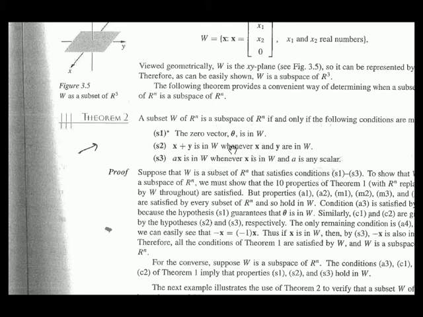So, for example, in R3, the set of all vectors of length 1 would not be a subspace. It's a subset, but it's not a subspace, because you can take a vector of length 1 and multiply it by 10, and it no longer has length 1. So the subset of all vectors of length 1 is not a subspace because it's not closed with respect to addition or scalar multiplication.